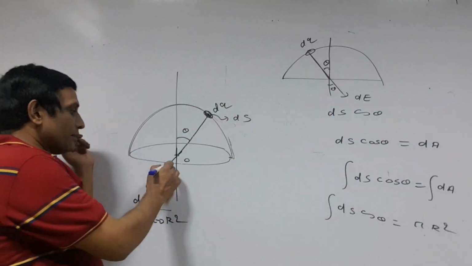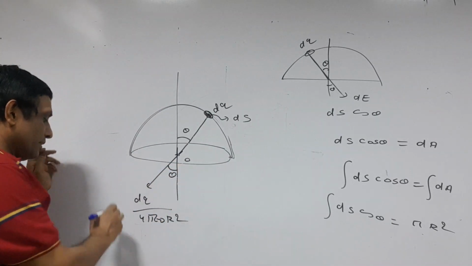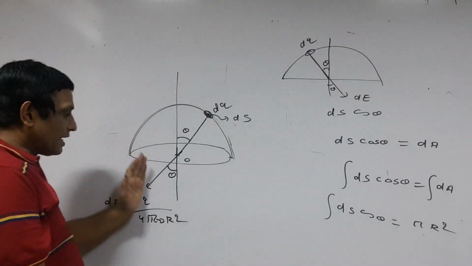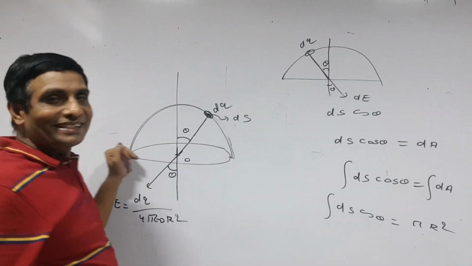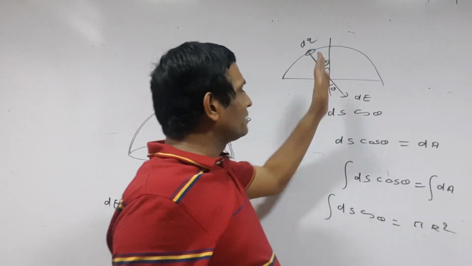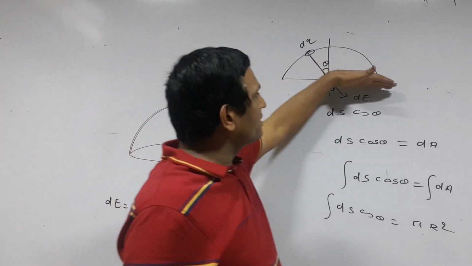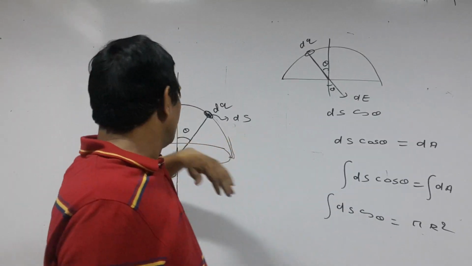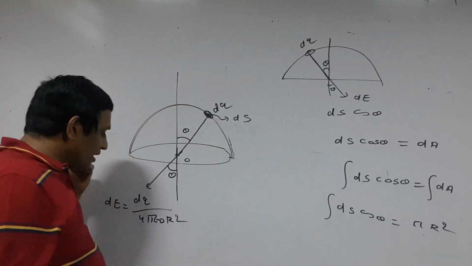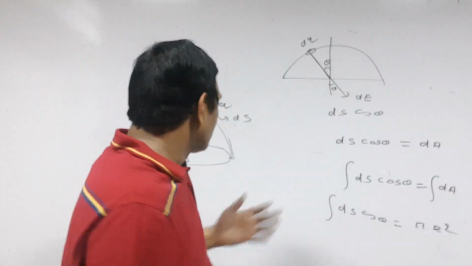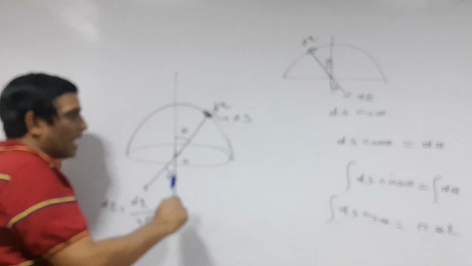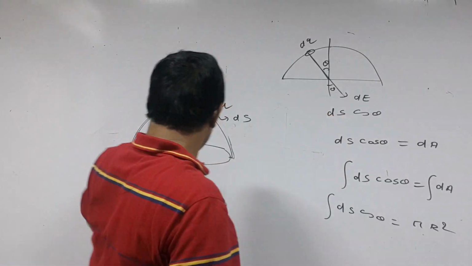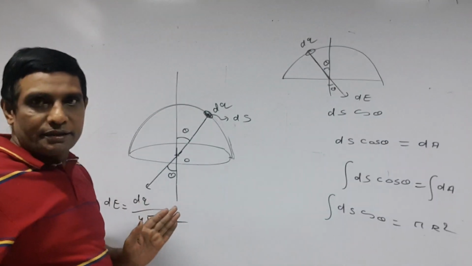In similar fashion, the component of this dE in this direction is dE cos theta, but in this direction it will be dE sin theta. So by symmetry, you can say that the dE sin theta components here and here will cancel each other, but all components along this direction, dE cos theta here and dE cos theta here, will be added.